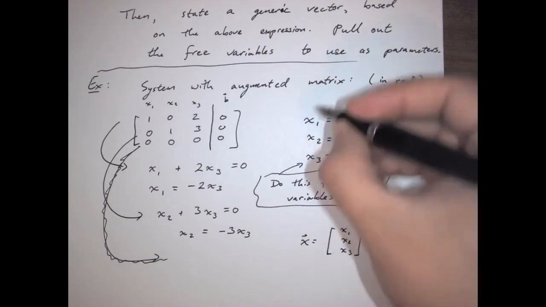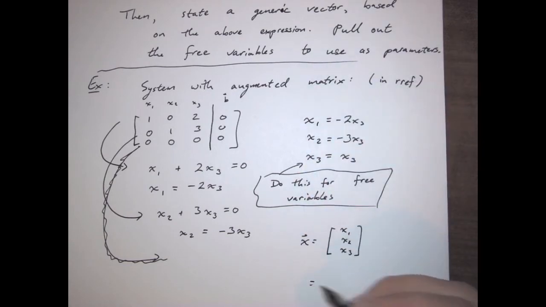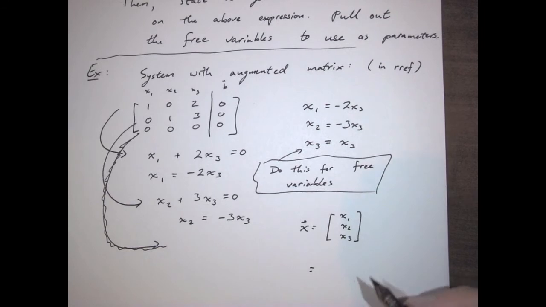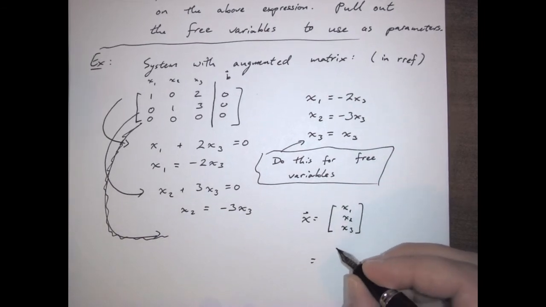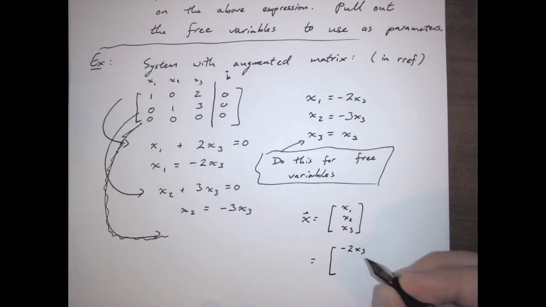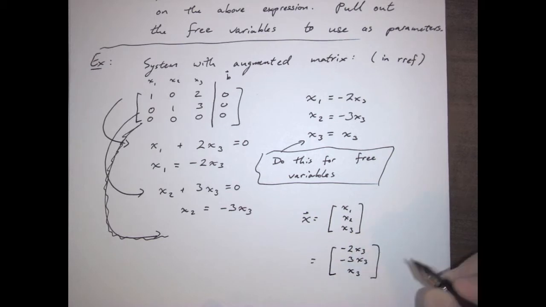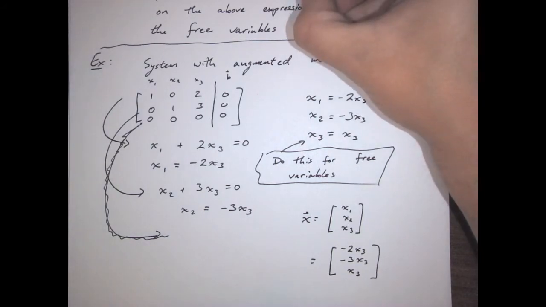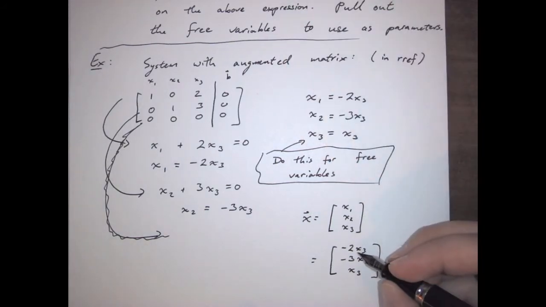But wait, what did we say x1, x2, and x3 were each equal to in terms of x3, the free variable? That would be negative 2x3, negative 3x3, and then just x3. And that's what we mean by stating a generic vector based on the above expression.